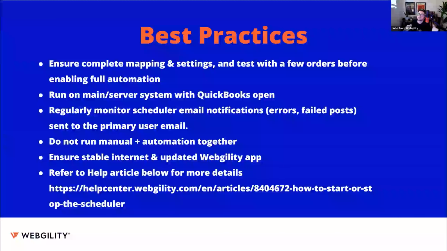Anytime that we run into issues with an old version, the first thing that we do is recommend updating to the newest version, because that's generally where we do those fixes. And then there is a help article that I will share in the follow-up email to make sure that you guys have everything that you need when it comes to using the scheduler correctly.